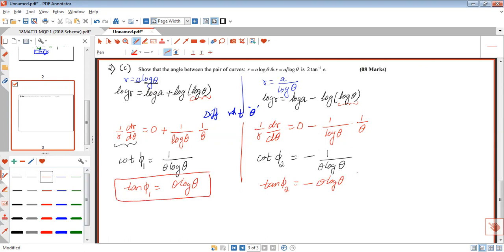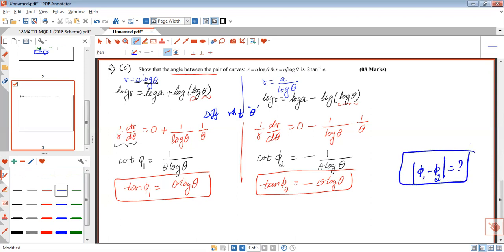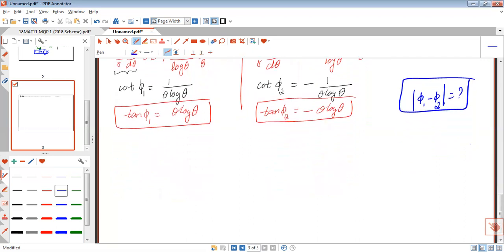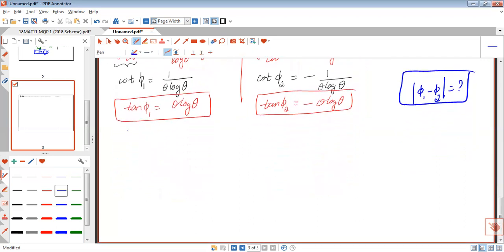Now I want to find the angle between these two curves. So the angle is nothing but the modulus of phi 1 minus phi 2, which I want to find. So let's take the tan A minus B formula, that is tan of modulus of phi 1 minus phi 2.